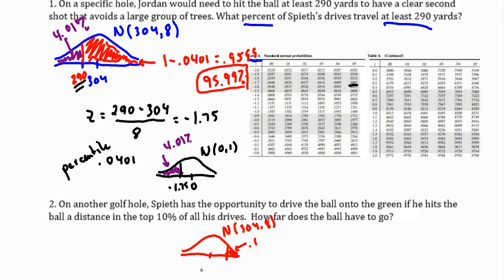And so how do we figure this out? Well, we're given a percent. If we look over here, we try to figure out where it says 0.10, the closest one to 0.10.